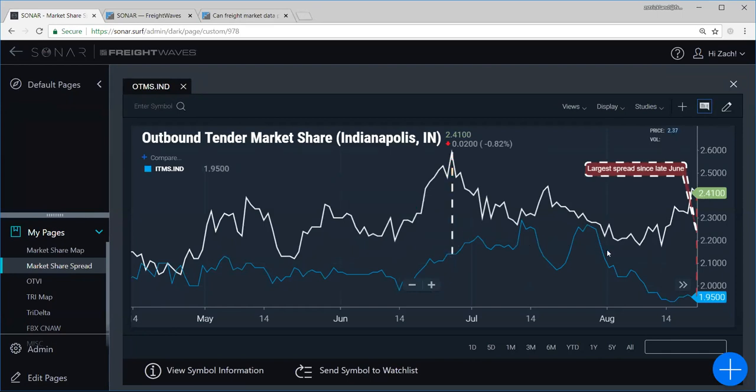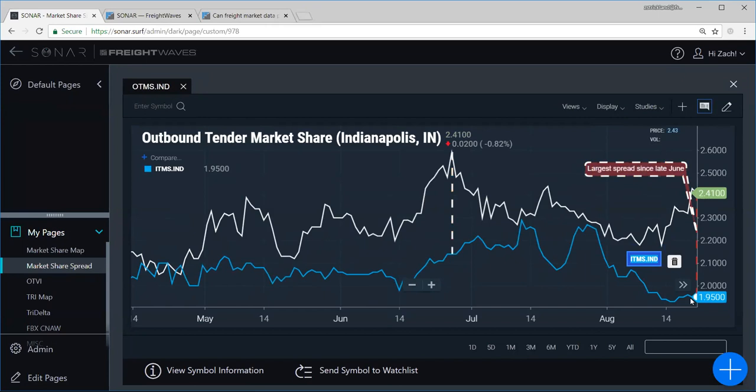So what I'm showing you here is the inbound market share and outbound tender market share on the same chart. And I can show them on the absolute scale because they have a very similar y-axis, actually the same exact y-axis, but they're also very close in number. So the inbound tender market share right now is 1.95%.